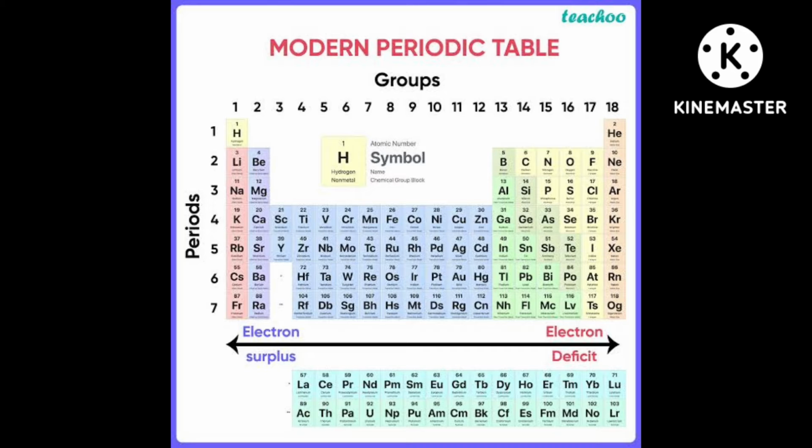Mendeleev's periodic law was therefore modified, and after the modification it was called the modern periodic law, which can be stated as: the physical and chemical properties of the elements are a periodic function of their atomic numbers. This I have told you.